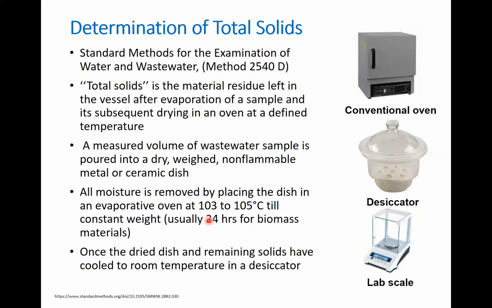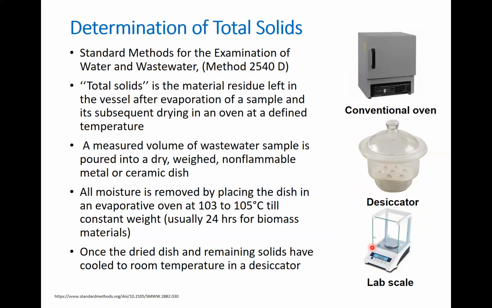Again, we put the material in the oven for this period of time, and then we take it out and put it in a desiccator to cool down. The desiccator is just to prevent water from being absorbed by the material again. And then we weigh again.